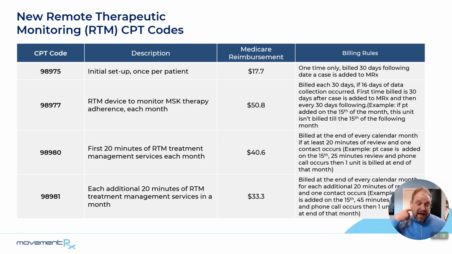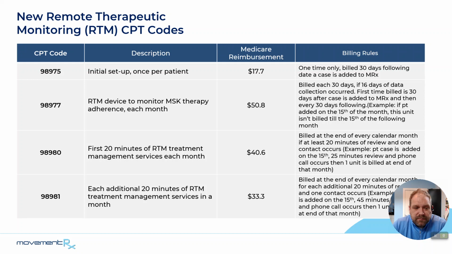That's a question you want to ask: what data do you track, and how are you meeting the rules for 16 days of data collection in a 30-day period? Let's assume that's all taken care of. If that happens, then we can bill the second code, a monthly code, every 30 days. That's at $50.80 reimbursement. Pretty significant, I think, right?